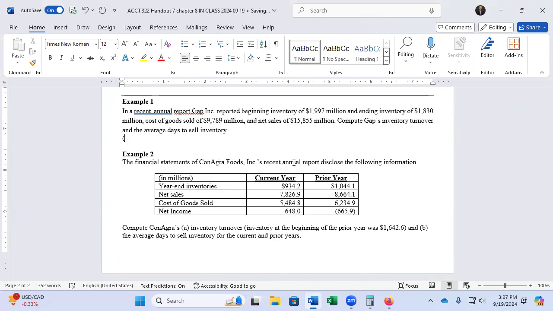it says that it reported beginning inventory of 199 million and ending inventory of 1.83 million.